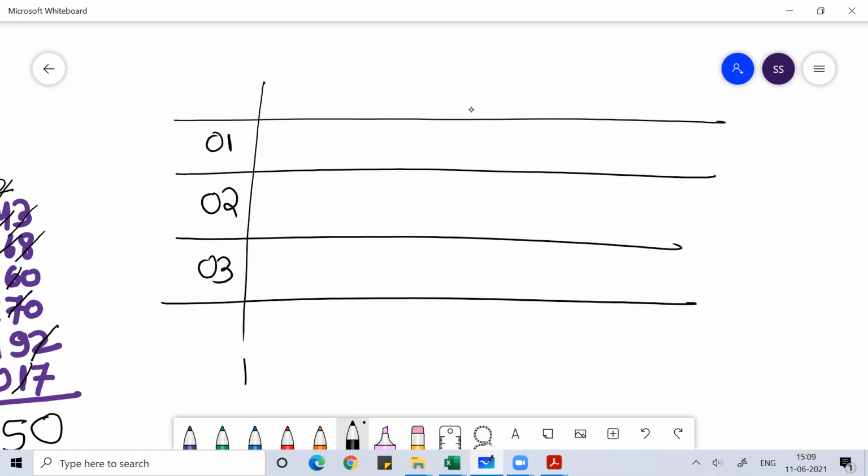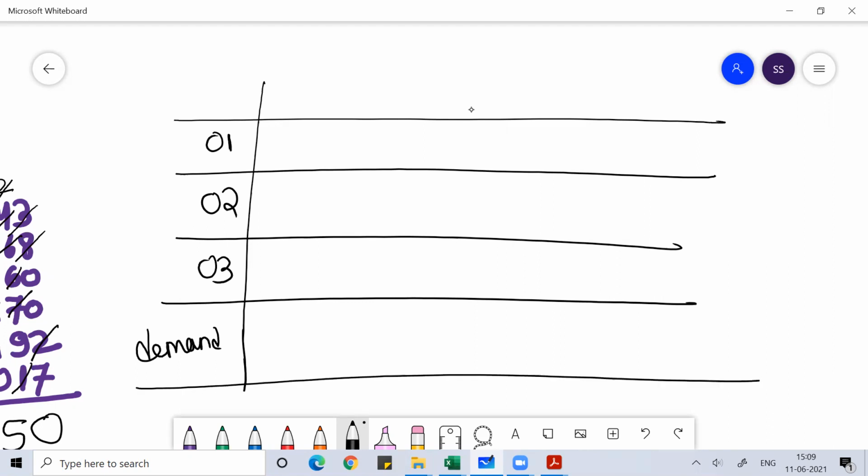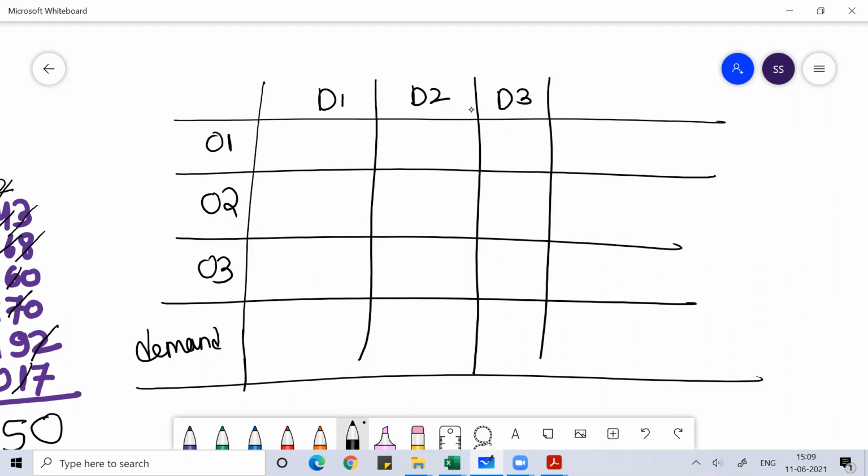Then you can see the demand for that: D1, D2, D3, D4, and your supply.